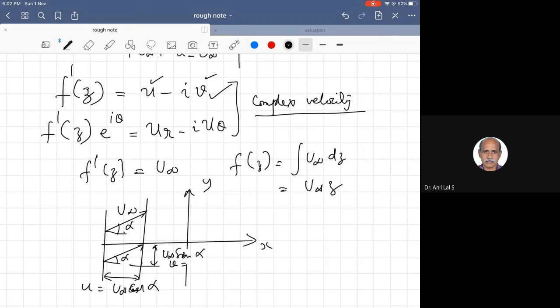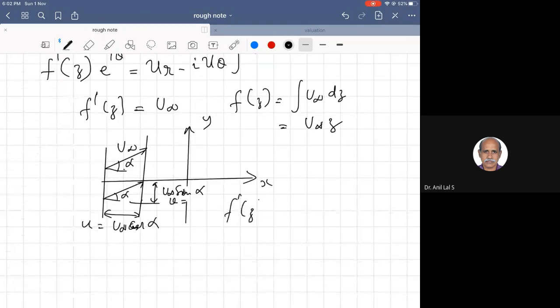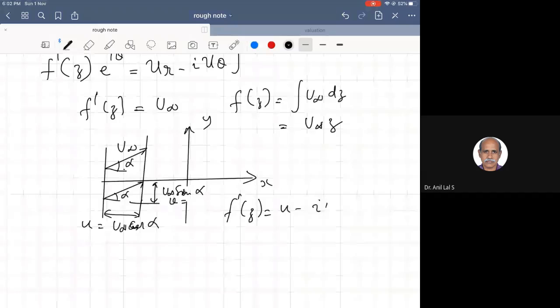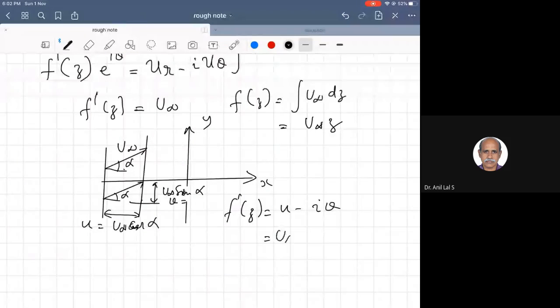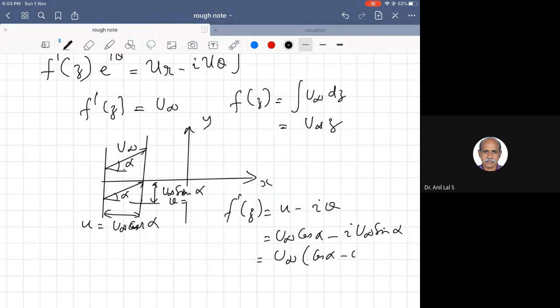So our f dash z is equal to u minus iv, the same equation we use, but this is equal to u infinity cos alpha minus i into u infinity sin alpha. You take u infinity outside, this is cos alpha minus i sin alpha, so u infinity into e raised to minus i alpha. That is f dash z. So what is f z?